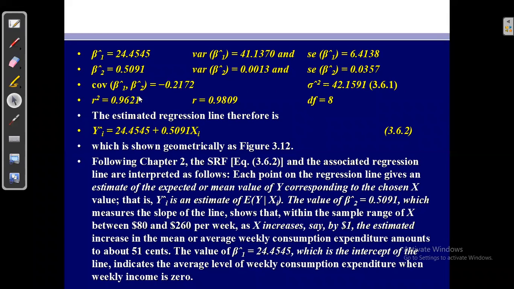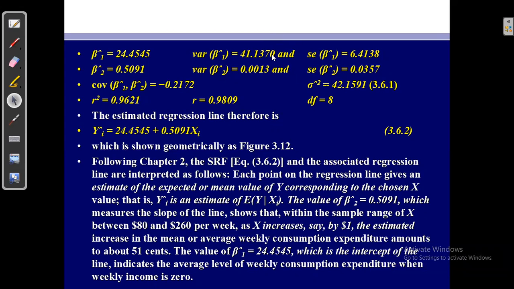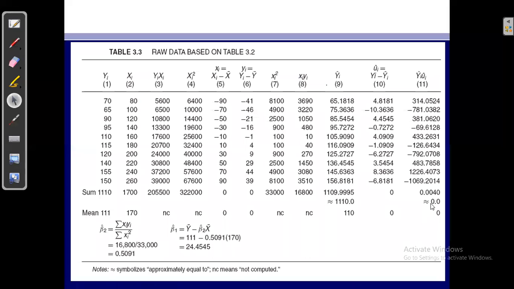If this number is exactly 1, it would mean 100%. If this number is 0, it would mean 0%. Okay. So therefore, we initially require that this R square should be as large as possible. Okay. As you can see here, yeah.